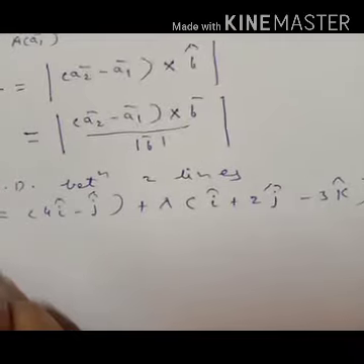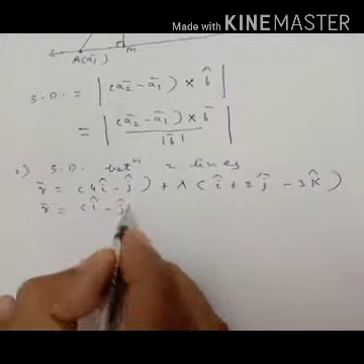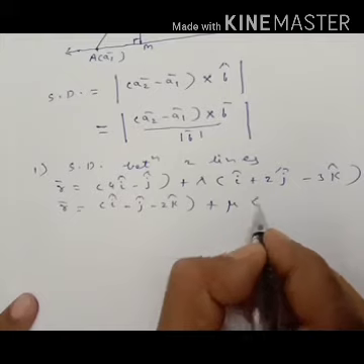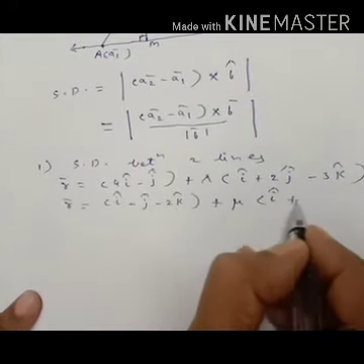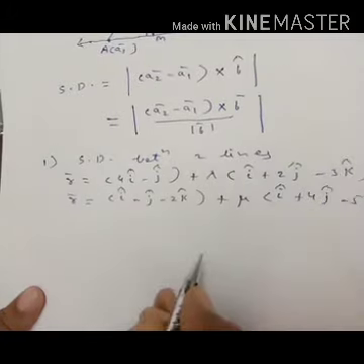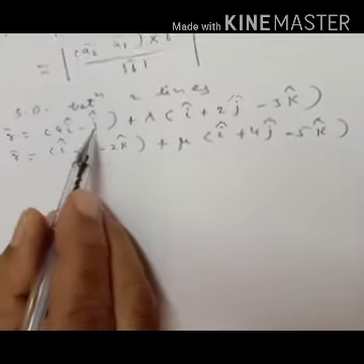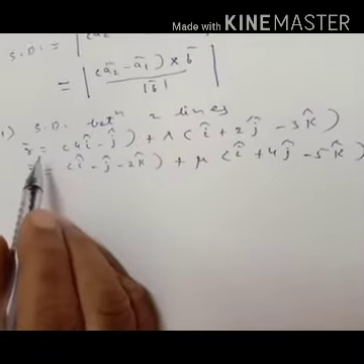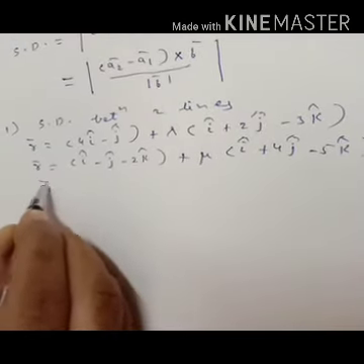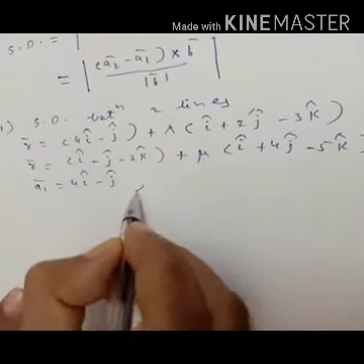Equation of the other line: R bar equal to i minus j minus 2k plus mu into bracket i plus 4j minus 5k. Two lines are there. 4i minus j is the position vector of one point on the first line. Let us denote it by a1 bar.